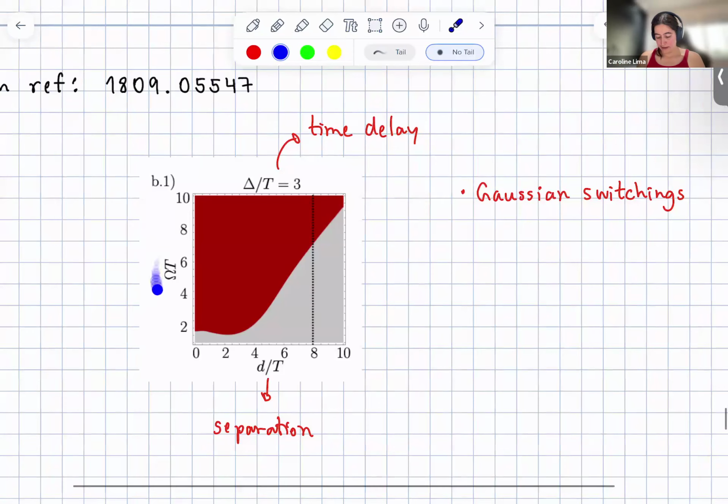And here I basically have the detector gap, and here's a time delay. This time delay means that they turned on one of the Gaussian switchings, waited for some time, which they fix here, and then turned on the other one. Because they have Gaussian switchings, they have support everywhere, right? A Gaussian has support everywhere.